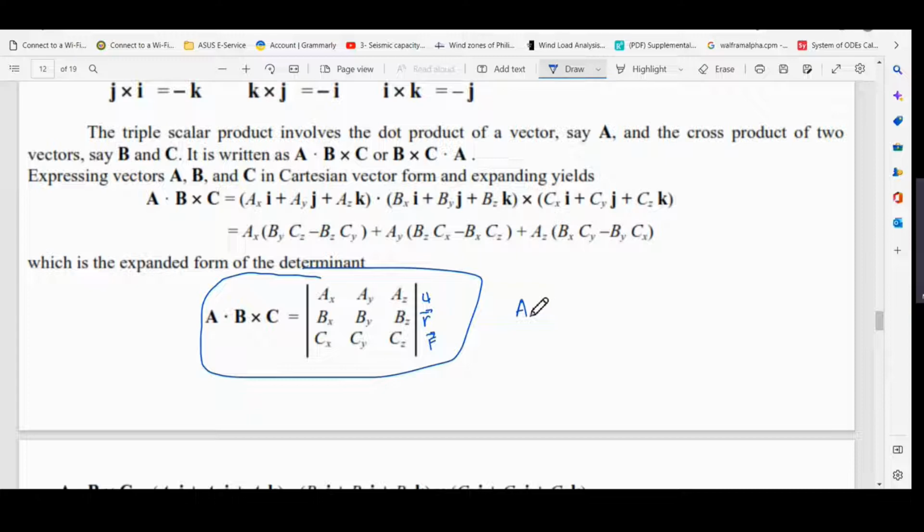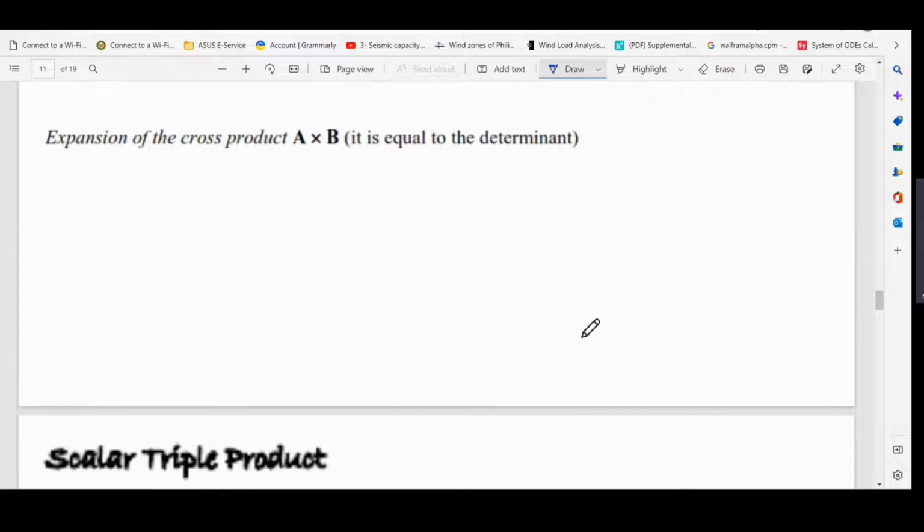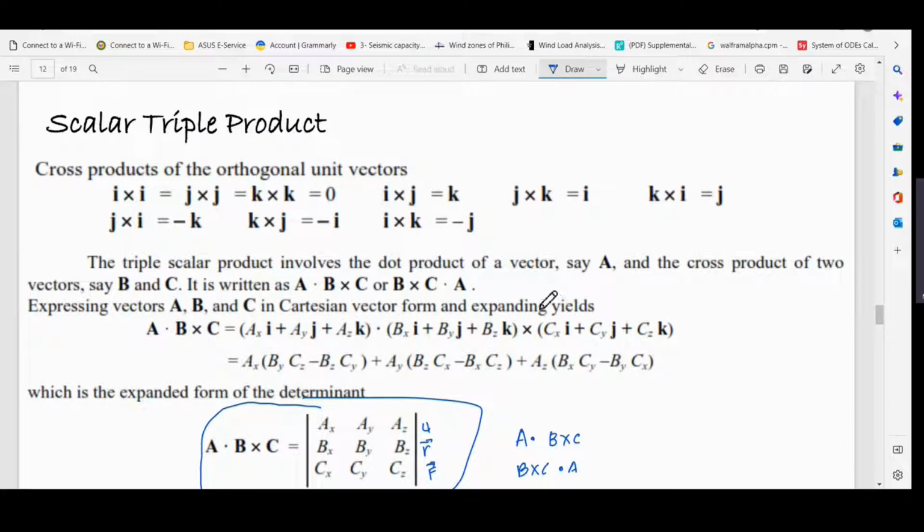Kasi yung format dito is A dot B cross C. Okay, so, pwede yung kanina that you have B cross C dot A, diba? Kagaya nito. Sabi dito, scalar triple product. Yan.